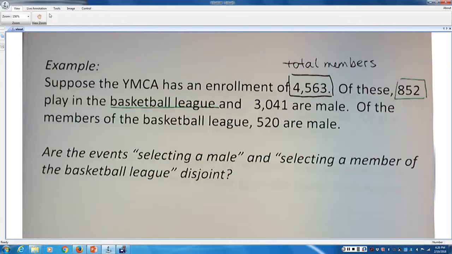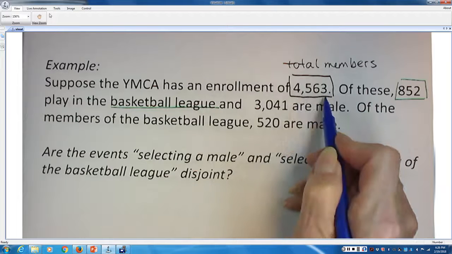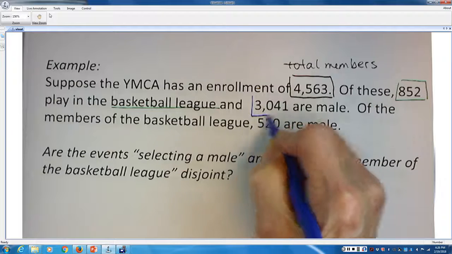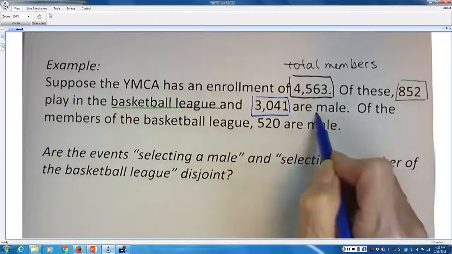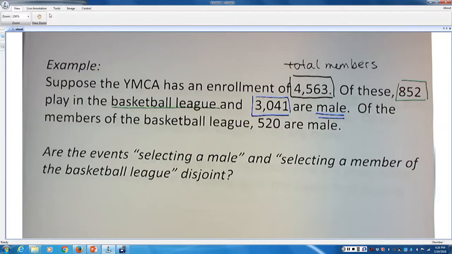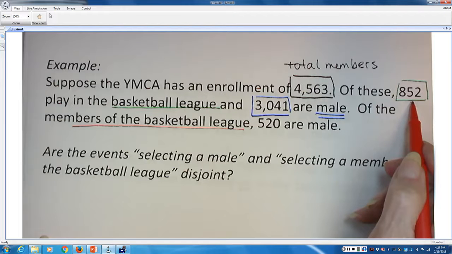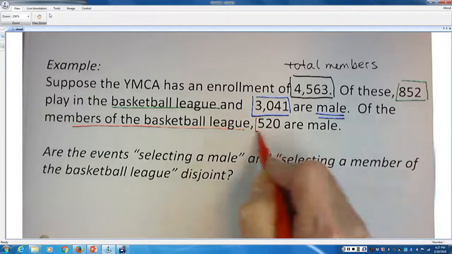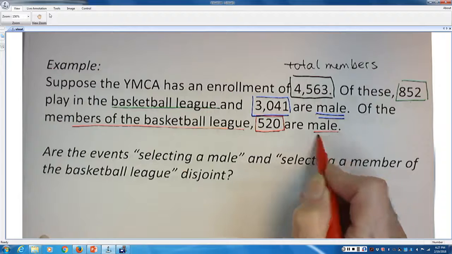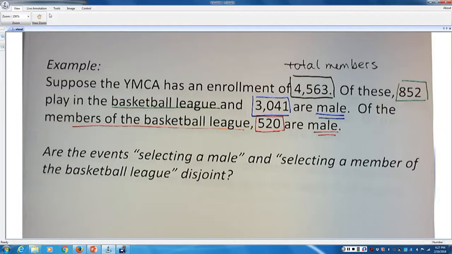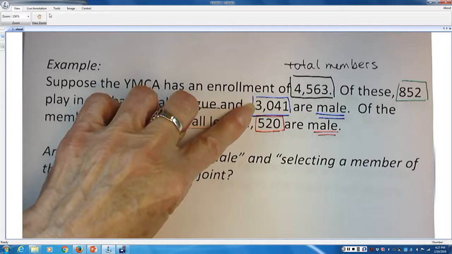We also know that of the 4,563 members, 3,041 of them are males. But now here's the hitch. If you're looking only at the members of the basketball league, that 852, 520 of those are males. And they're also a member of that 3,041.